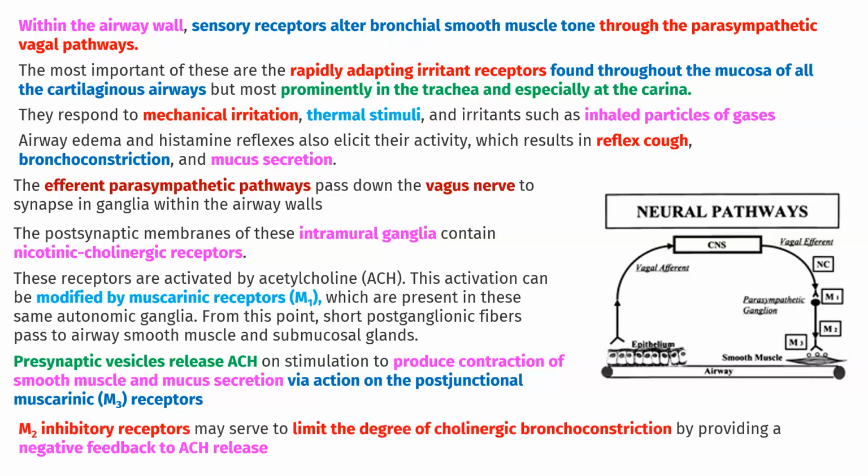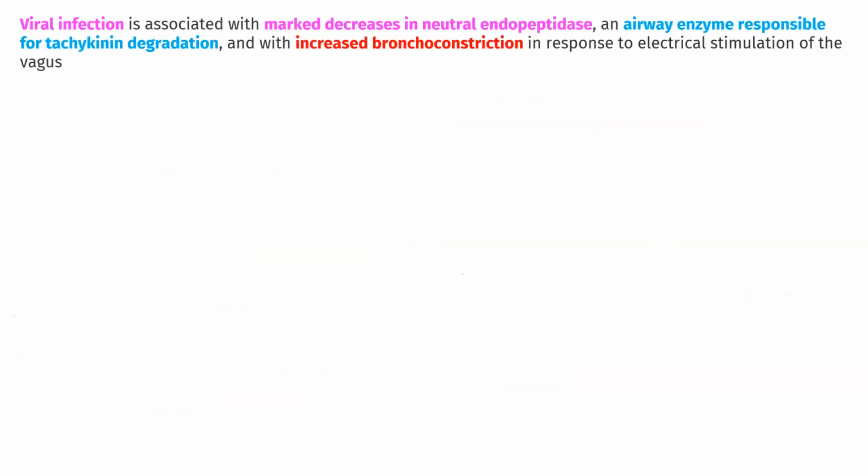So the presynaptic M2 is an inhibitory receptor, and it serves to limit the degree of vagally mediated bronchoconstriction by providing negative feedback to acetylcholine release from the postganglionic level. And with viral infection, we mentioned the mechanism. There are neutral endopeptidases which normally degrade the tachykinins.